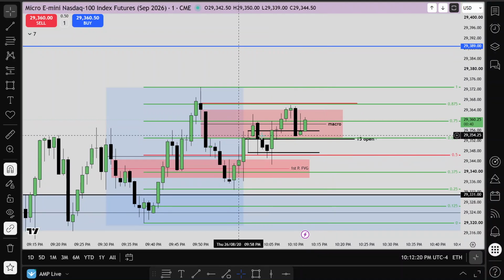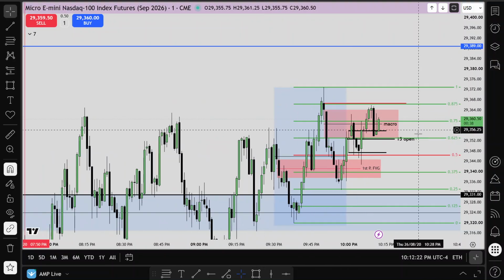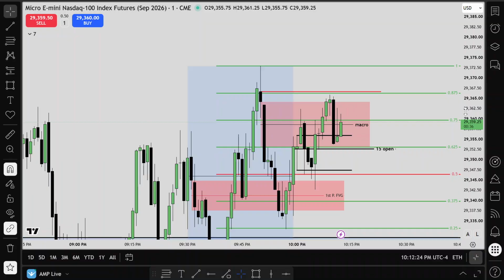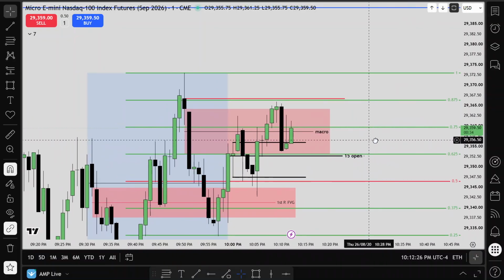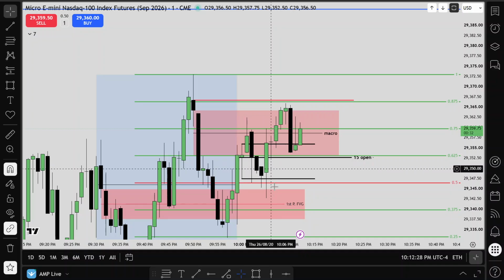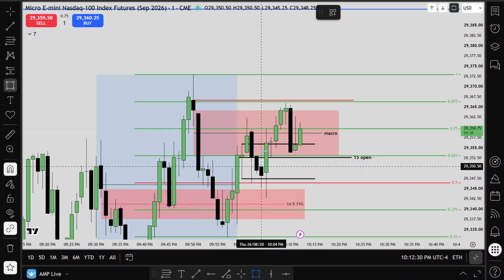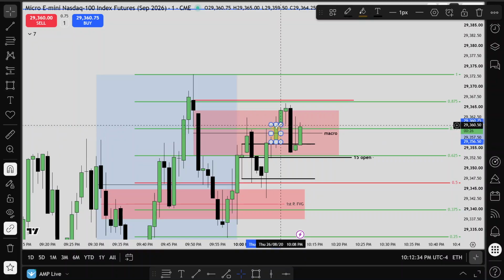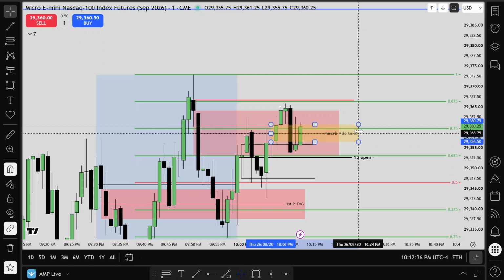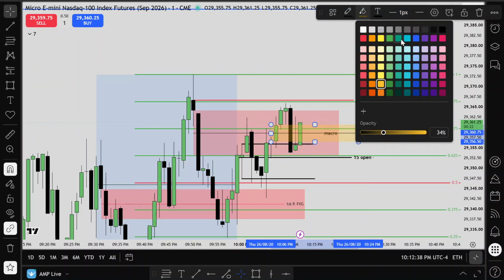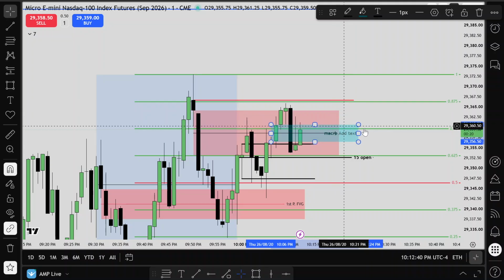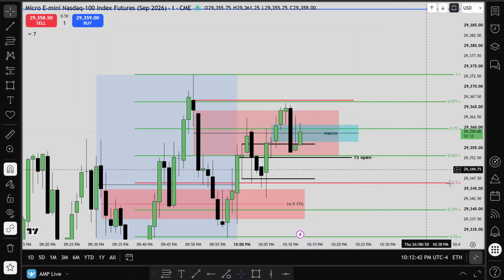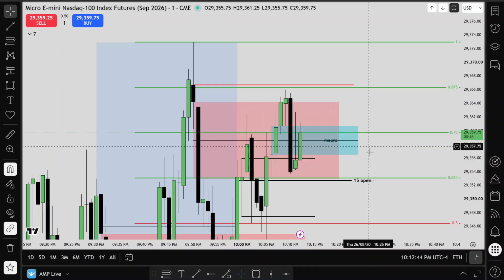But with this, I'm not doing that. So this looks like it would be a bullish suspension block.